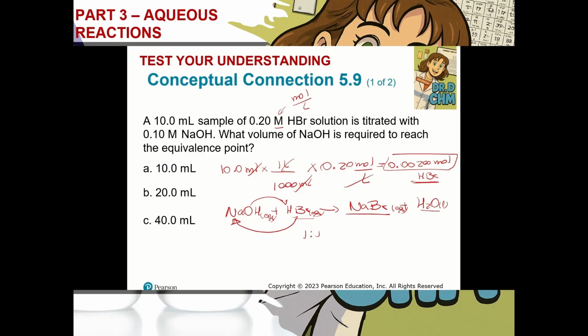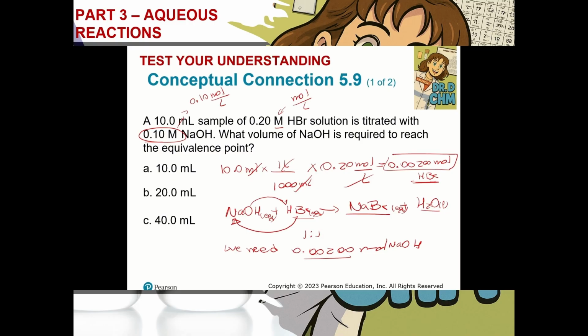So now what we need is 0.0200 moles of sodium hydroxide. Okay, so the volume required will be, okay, so I want a volume. So I have the concentration over here, right? What is the concentration? 0.10. So that is moles per liter, right? 0.10 moles per liter.